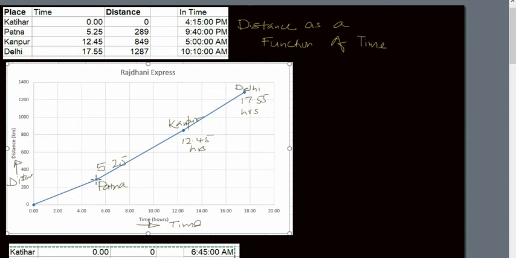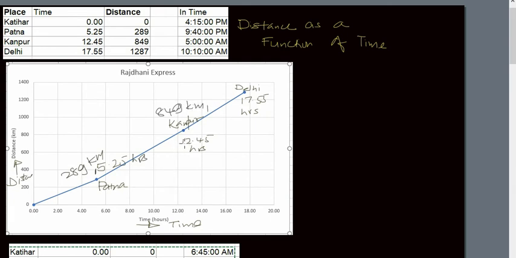So this point is, let me choose a different color, black. So this point is 289 kilometers and 5.25 hours. And here the distance is now 849 kilometers.